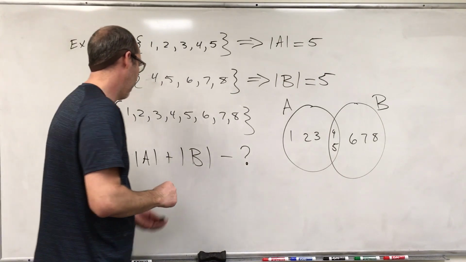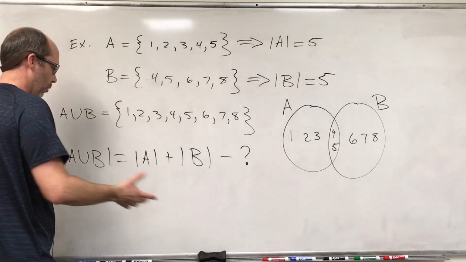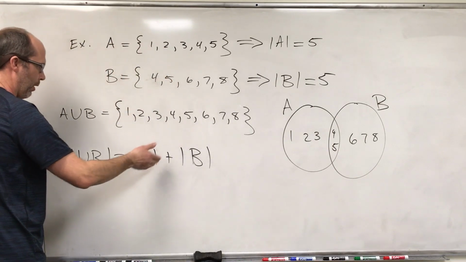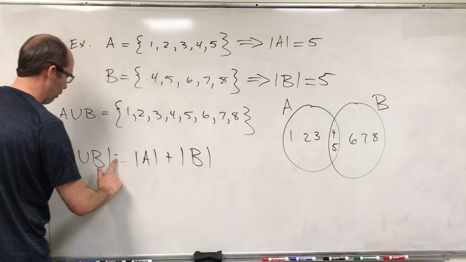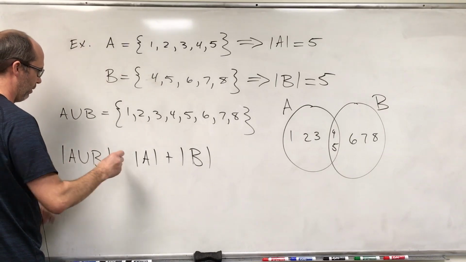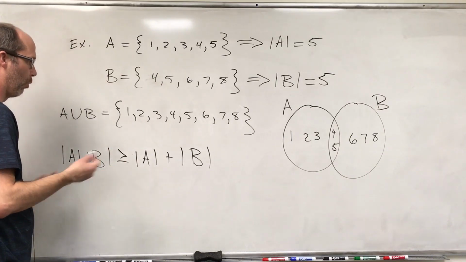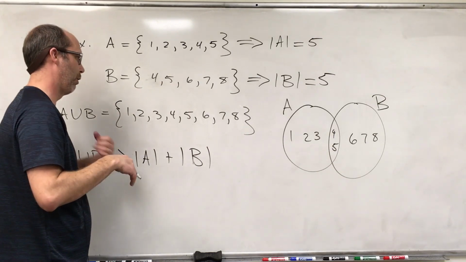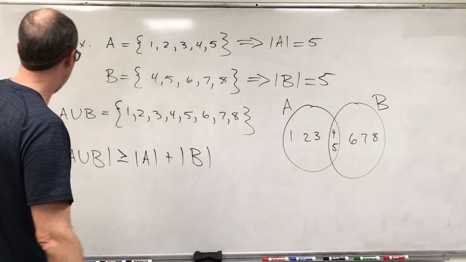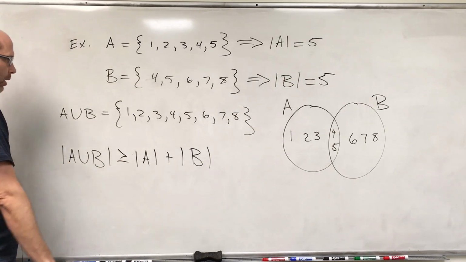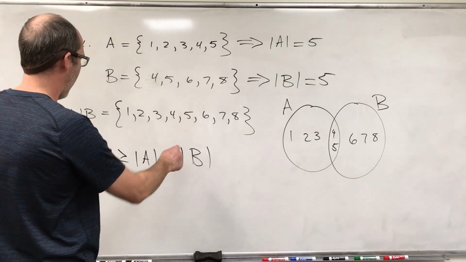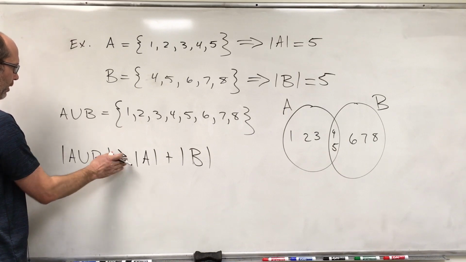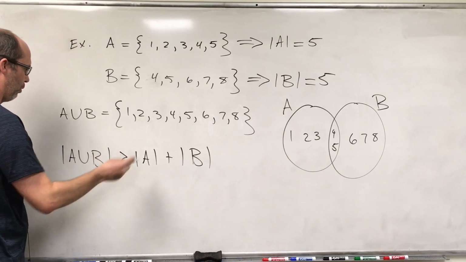Remember that when we did this, the sum of the cardinality of A plus the cardinality of B was actually greater than or equal to the cardinality of the union. If the or equal is bothering you, just think of it as greater than. Why is it greater?